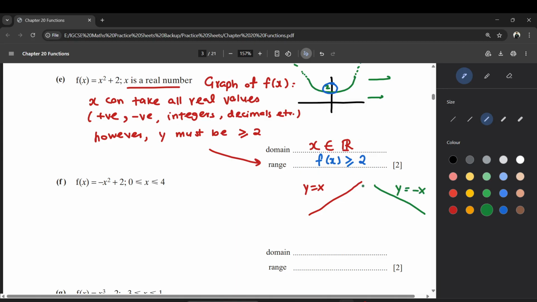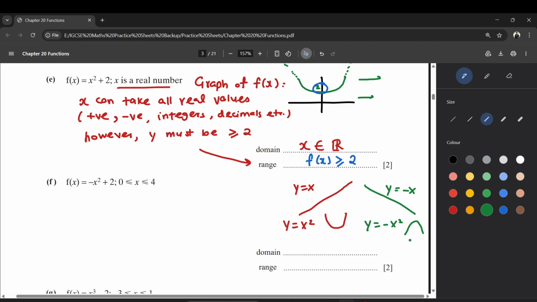This is the condition for straight line graphs. Similar to this concept, if I have y equals x square, my curve looks like this, a happy face. And if I have y equals minus x square, my curve looks like this, which is a sad face. Because now over here you have a minus x square, the graph should look something like this.